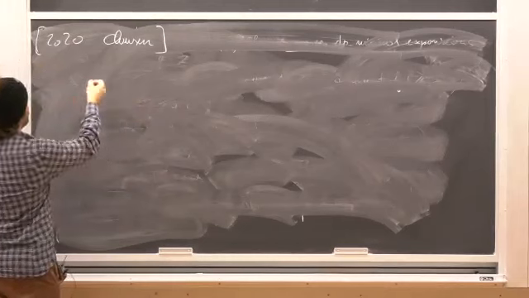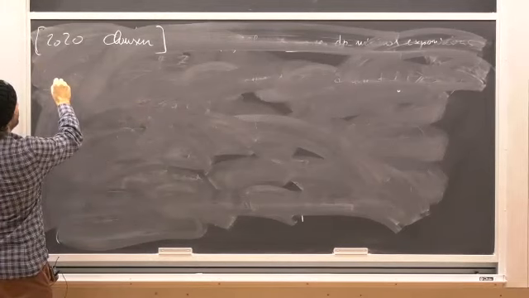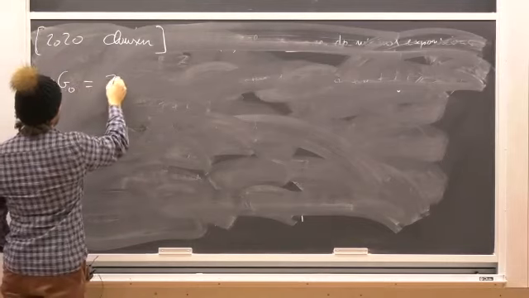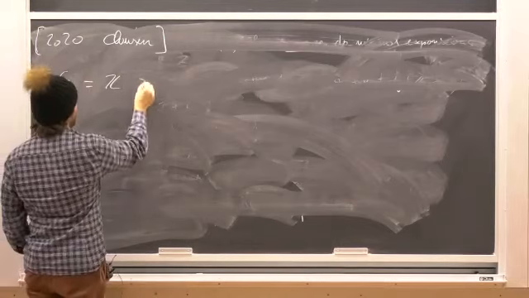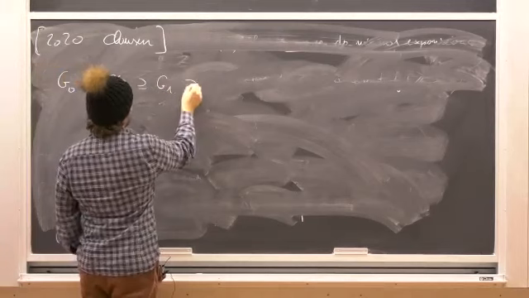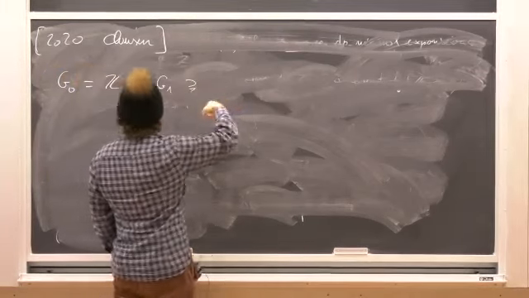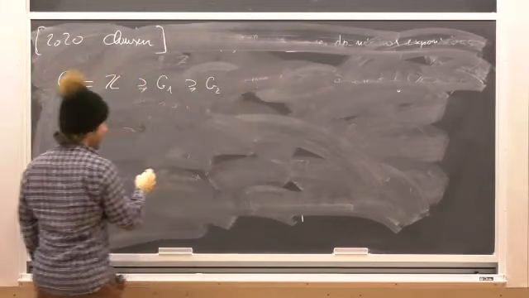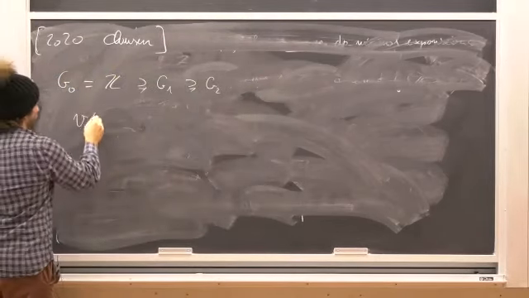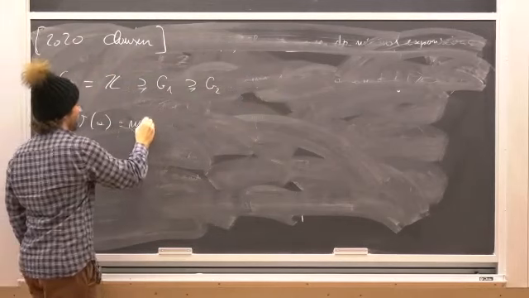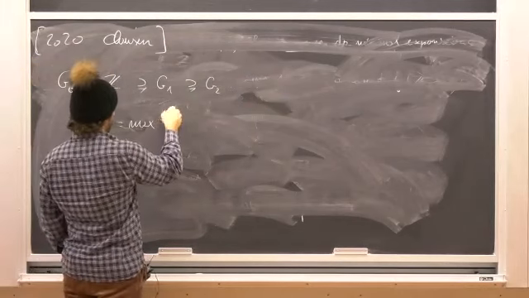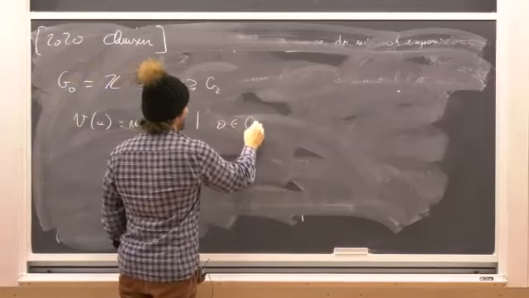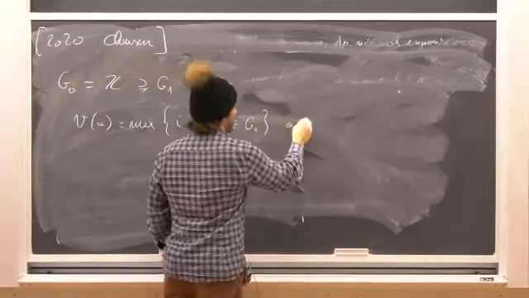What does he say? You take a family of subgroups of Z. So G0 equals Z, contains G1, G2, a descending, infinite chain. And you define this: V of A is the maximum I such that A belongs to GI, for A in Z, of course.